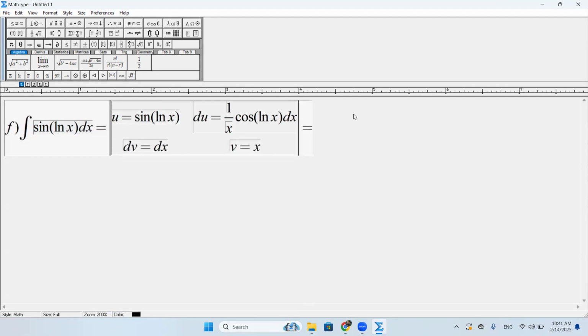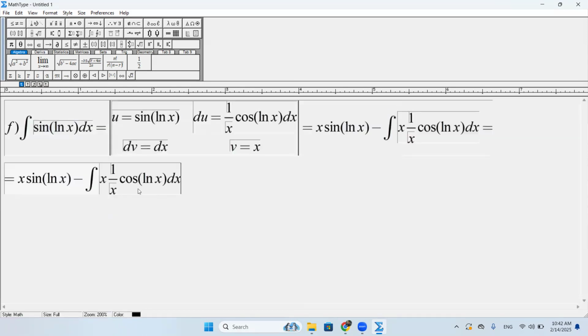Now let's integrate. So x by sine of logarithm x minus the next integral, x by this expression. So x is successfully cancelled here.